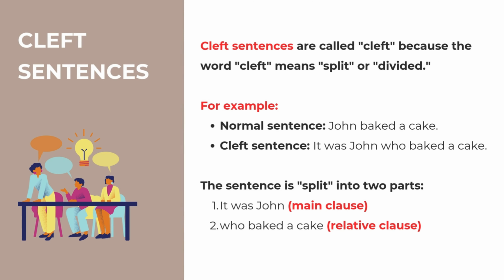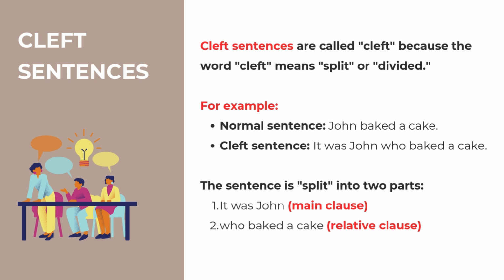First up, we have cleft sentences. Cleft sentences are called cleft because the word cleft means to split or to divide. In grammar, a cleft sentence is one that has been split into 2 clauses to give emphasis to a particular part of the sentence.